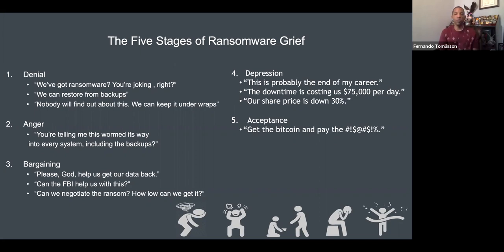And if that doesn't work, or even if that does work, there's still depression that sinks in, because now you're worried about the business, you're worried about your job, or even if you didn't actually get the data back, all of those things are hugely important. And even if you did get the data back, people are certainly going to have questions about your security posture and how that happened. Okay, and at some point, you're just going to accept it and largely pay that fee or not pay that fee.